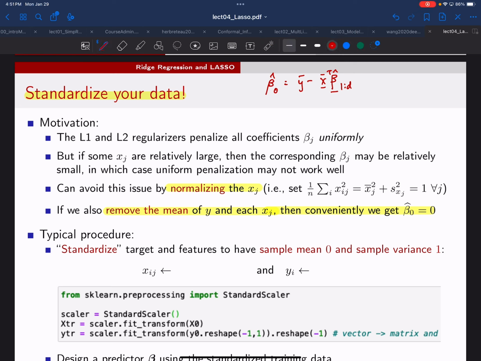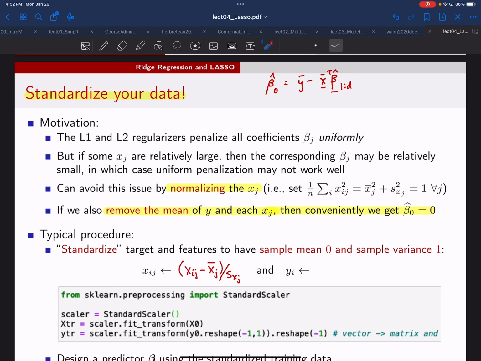You take your xij, you subtract the sample mean for that feature j, and you divide by the sample standard deviation for that feature j. If you remove the sample mean, the new variable has 0 sample mean, right? So this is how we get 0 sample mean. And then if you divide by the standard deviation, this new thing has a standard deviation of 1, which is exactly what we want here.